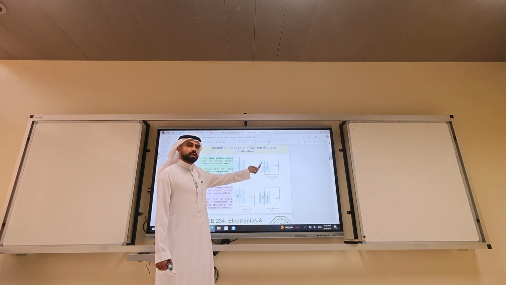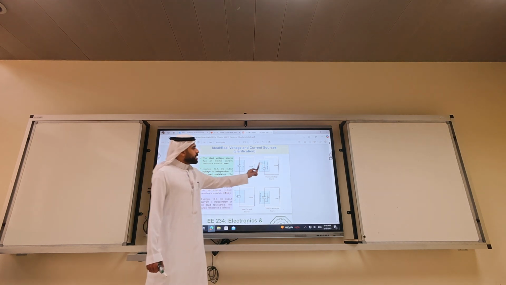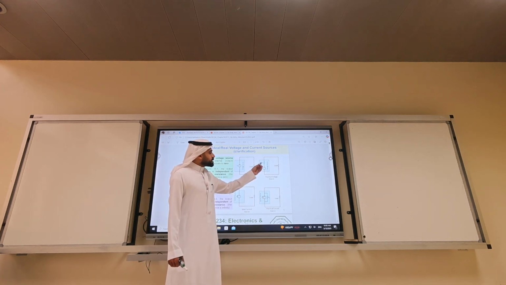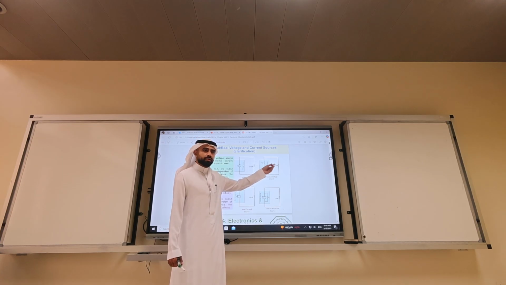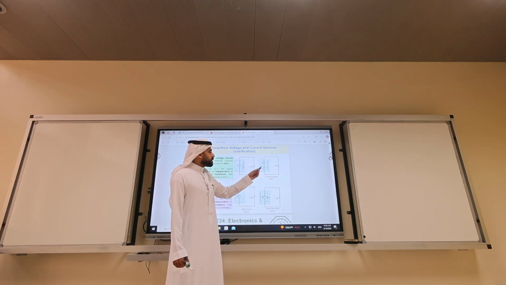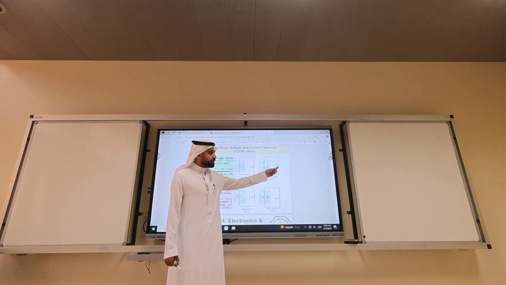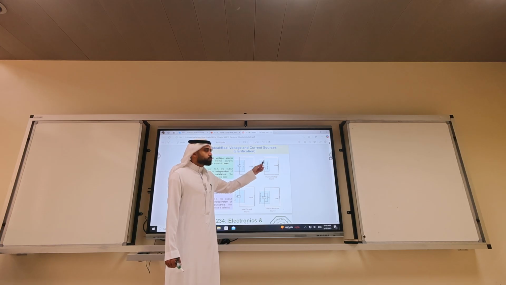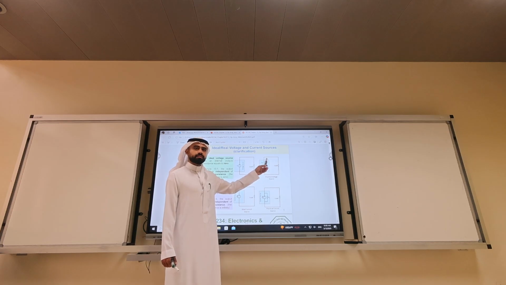Now, if the internal resistance or impedance is relatively large compared to the resistive load, for example, if this is 5 and this is 5, half of the voltage will be consumed inside the voltage source. Get it? VDR. Get it?